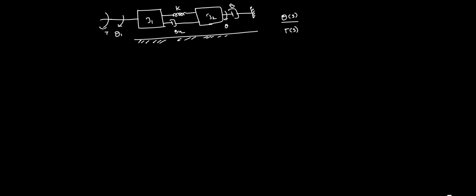So T J1 plus T B12 plus T K is equal to the total T. That is how simple it is.